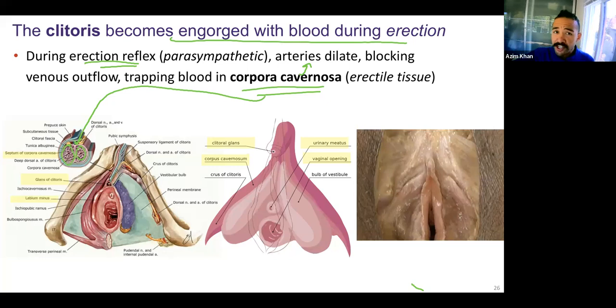There's no corpus spongiosum because the urethra is separate. I suppose there would be spongiosum surrounding the urethra itself. The urethra can be seen right here, but that's separate from the clitoris itself. You can see the clitoris right here, and the clitoris would be right here.